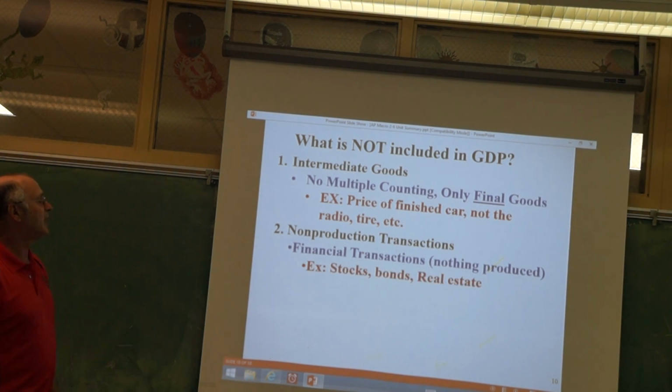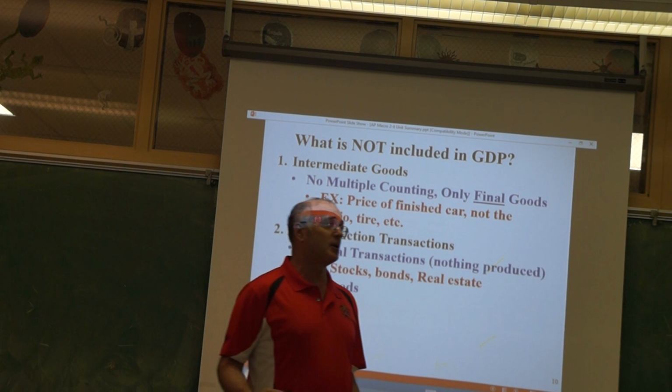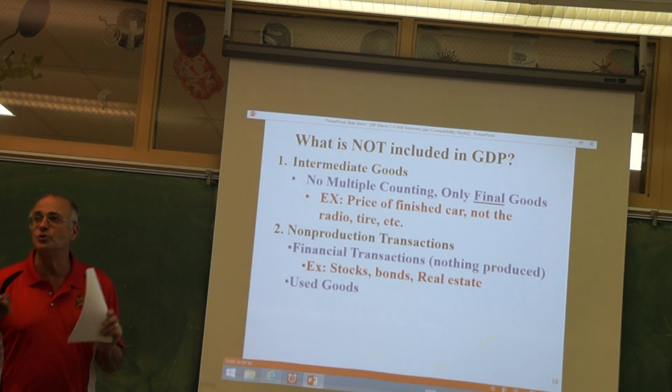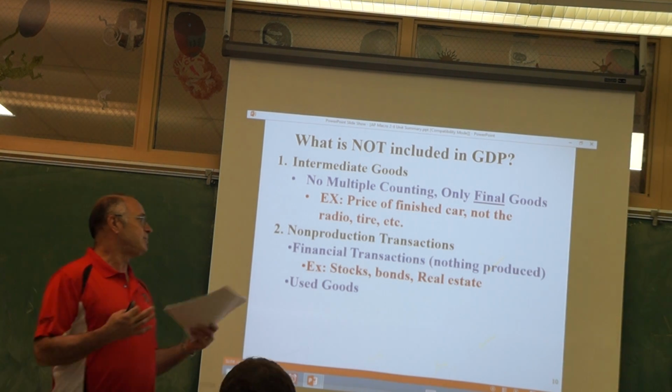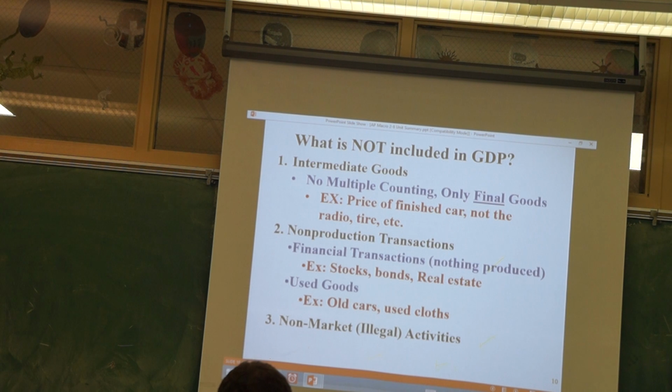Used goods are not included. If you resell your house, it's not part of GDP, because when it was sold new, it was counted in GDP, so we're not going to count it twice. And the third thing, no illegal activities.